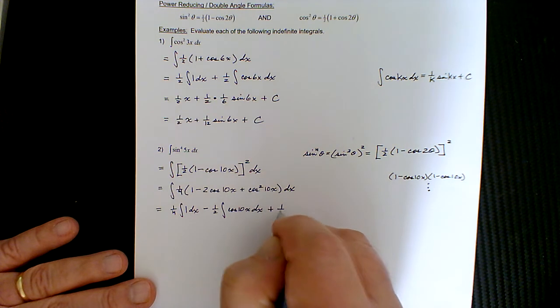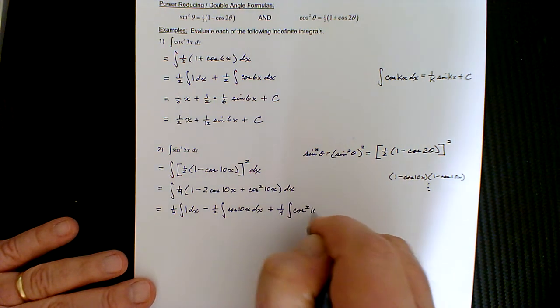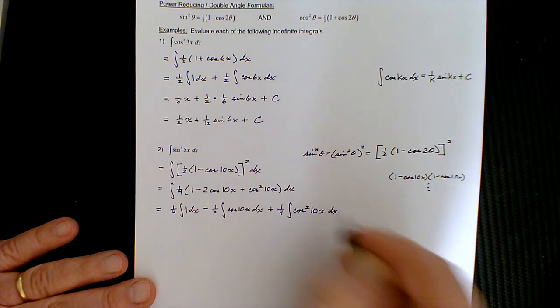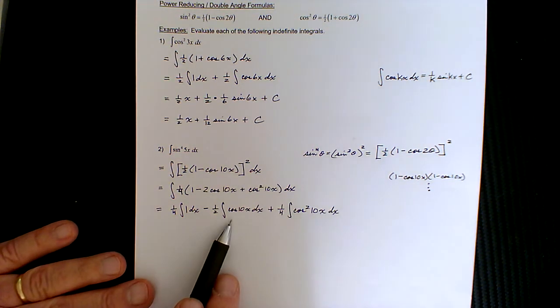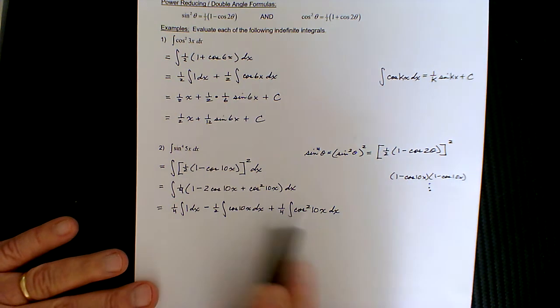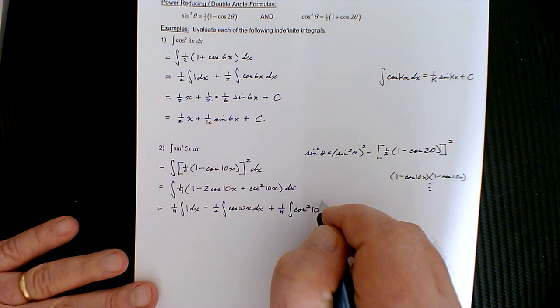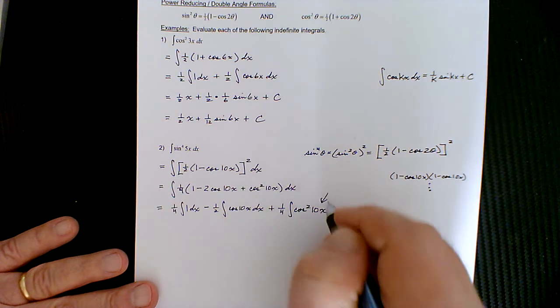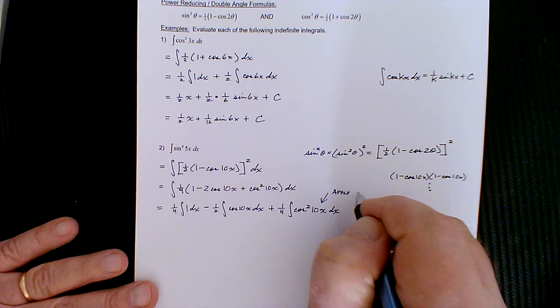And then plus 1/4 integral cosine squared of 10x with respect to x. So notice that the first two integrals are readily integrable, but this third integral is again an even power of sine or cosine. So here we're going to have to apply the identity again.